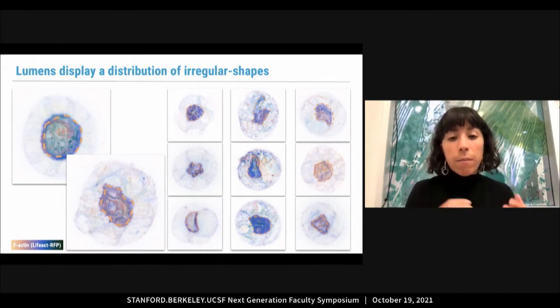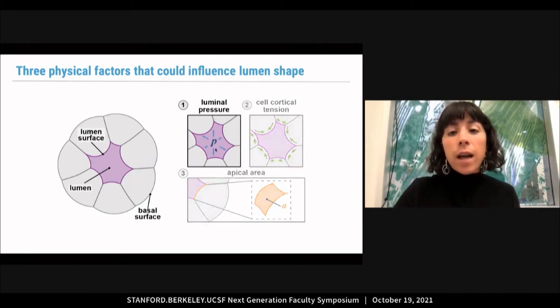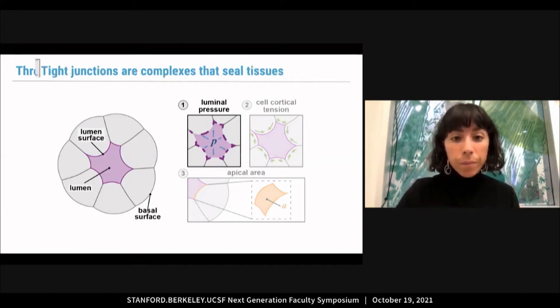And so this suggested that maybe pressure alone wasn't contributing to forming these lumens. But I wanted to test each one of these experimentally. And so what I'm going to show you first is how I tested luminal pressure. I did this by effectively poking holes in the lumen and seeing how stable the lumen shape was.